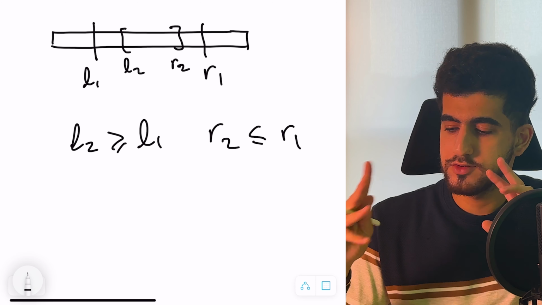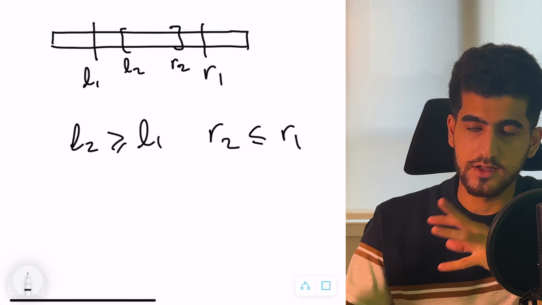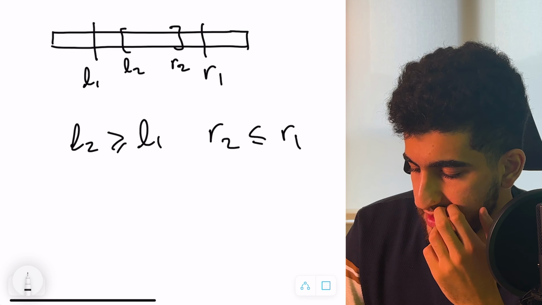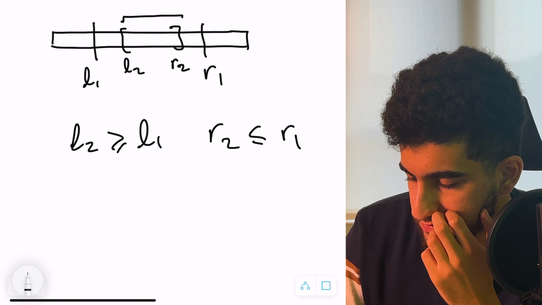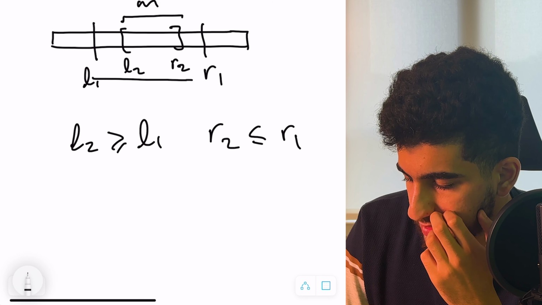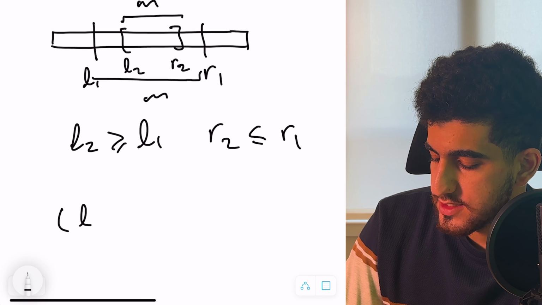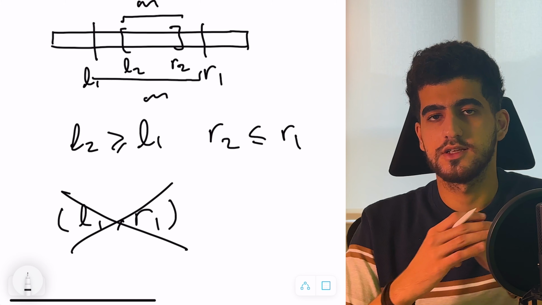The pair L2 and R2 is different from the pair L1 and R1. If their MEXs are equal, for example the MEX of this one is M and the MEX of this one is also M, then I will never use the interval from L1 to R1.